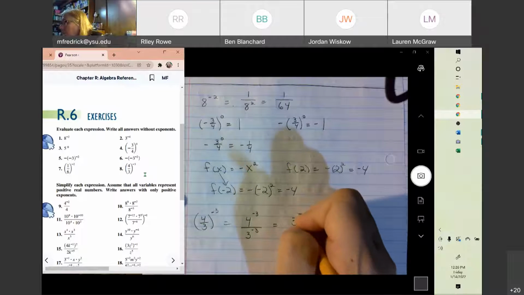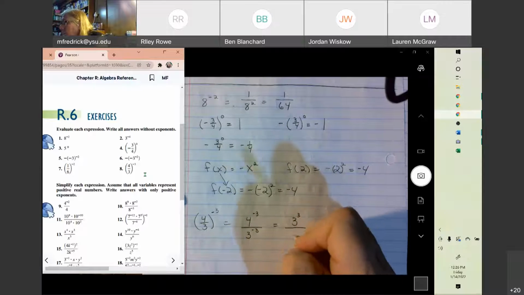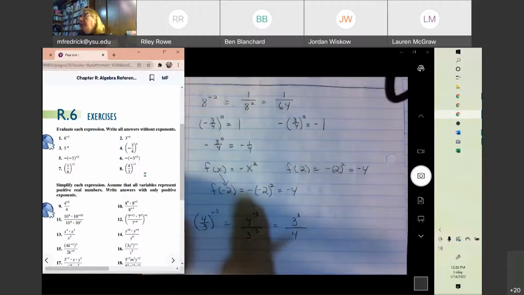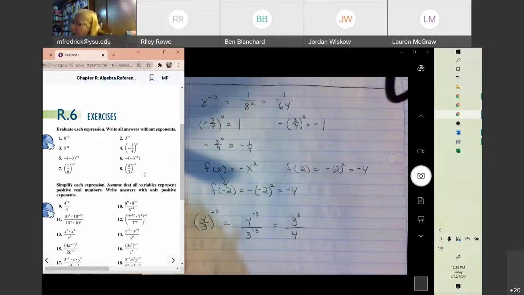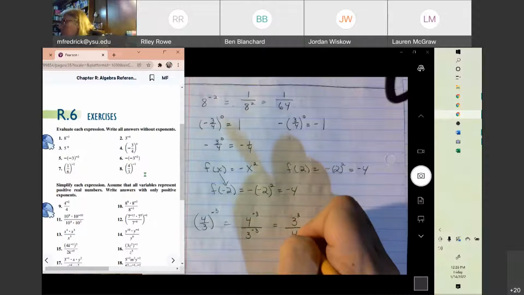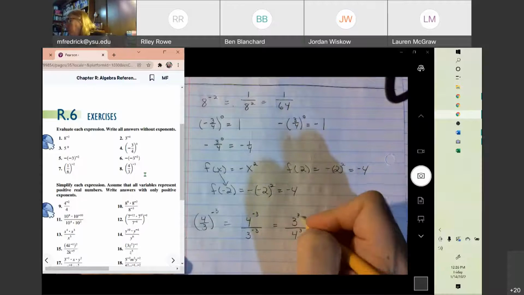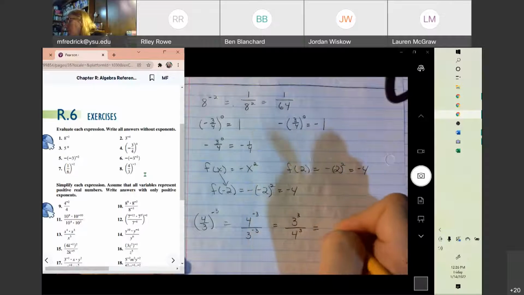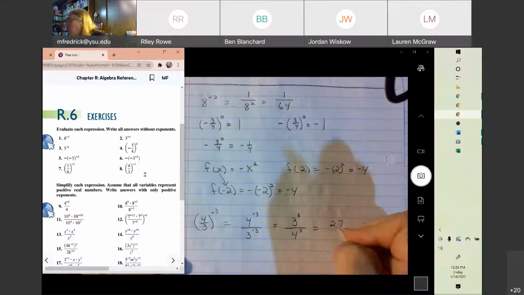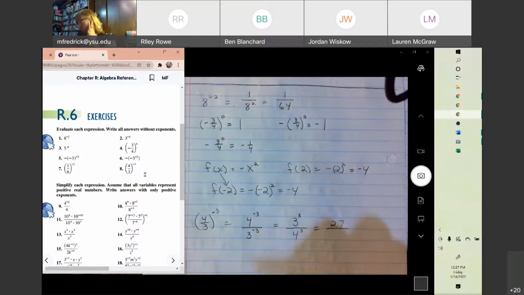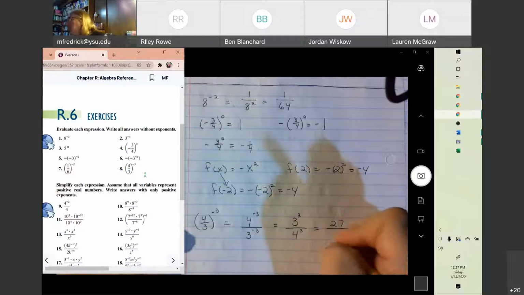Move the 3 up to make it 3 cubed, and you can plug or solve the value at the same time. But the negative in an exponent just moves it up or down to make it positive. And then 3 cubed, 3 times 3 times 3 is 27. 4 times 4 times 4 is 64.